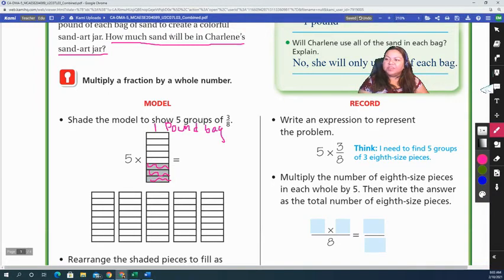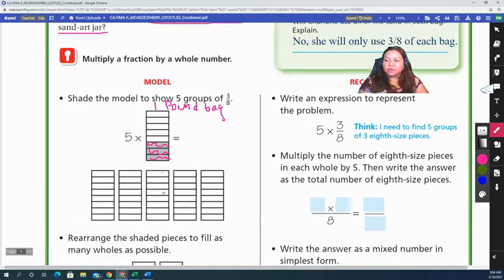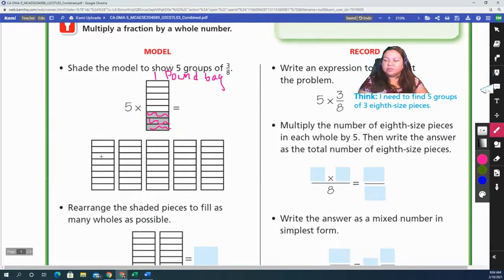We want to know how much sand will be in Charlene's sand jar. So once we combine all 3/8 from the 5 bags, we want to know how much sand will be filled. What we're going to do is actually draw out the 5 bags. Here we have 1, 2, 3, 4, 5. And remember that we're using 3/8 of each bag.